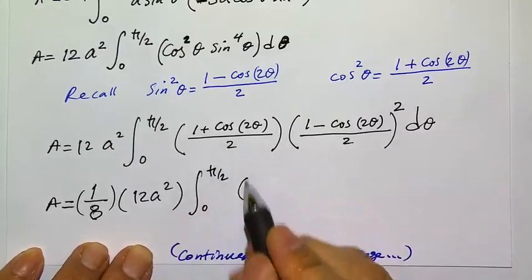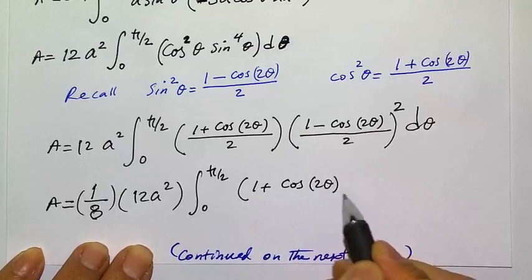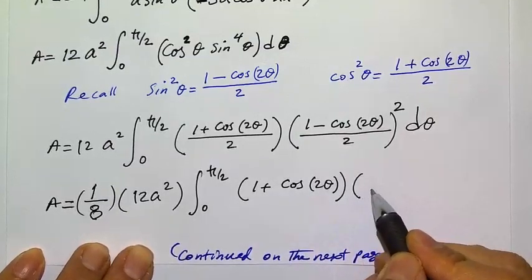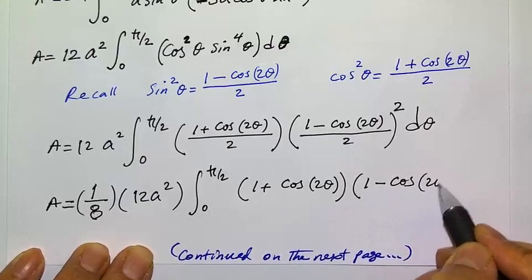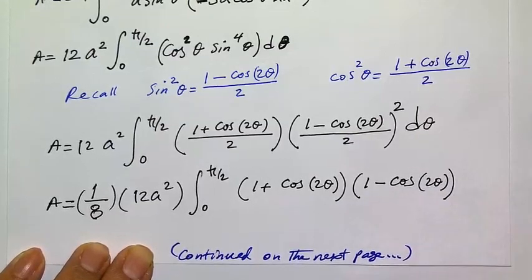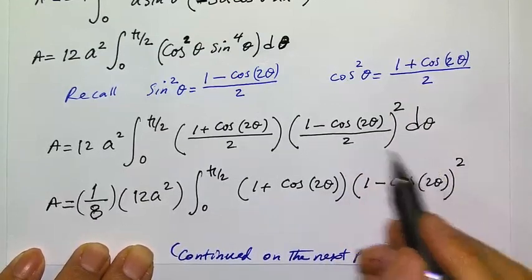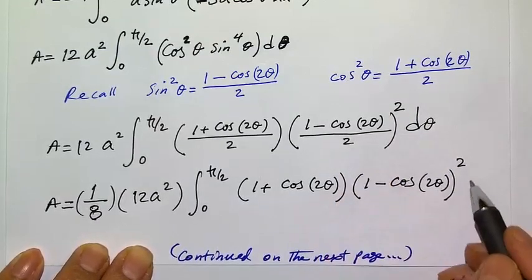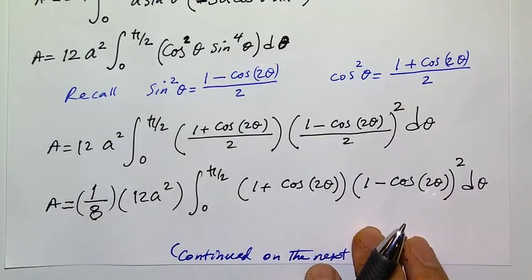And then all we have left on the inside is 1 plus cosine of 2 theta times 1 minus cosine of 2 theta, squared of course, right? So that power distributes itself to the numerator and the denominator alike, d theta.